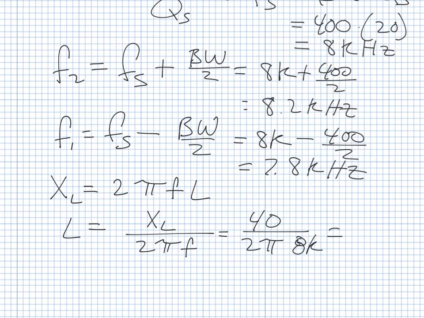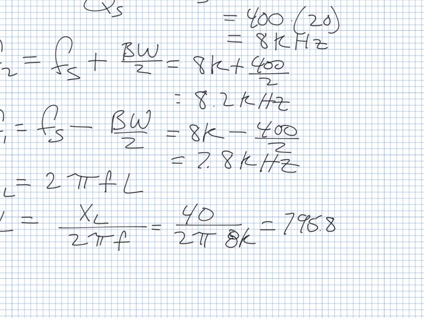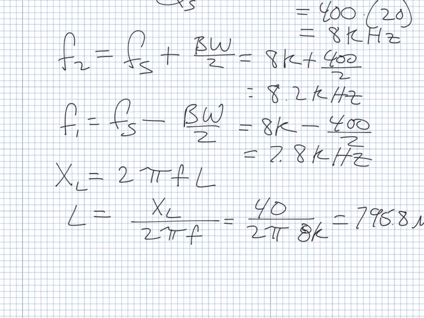So we go ahead and multiply that out, divide it out, and we come up with 795.8. I'm going to write this underneath here. Hold on, I can slide it, I think. Microhenries. Okay, so that's that.